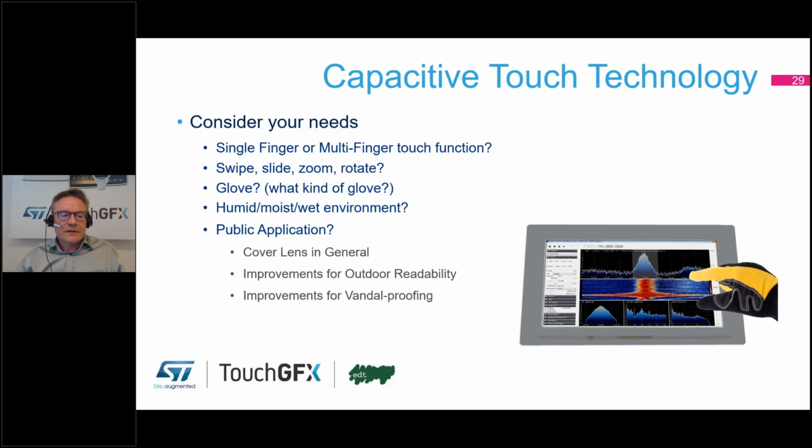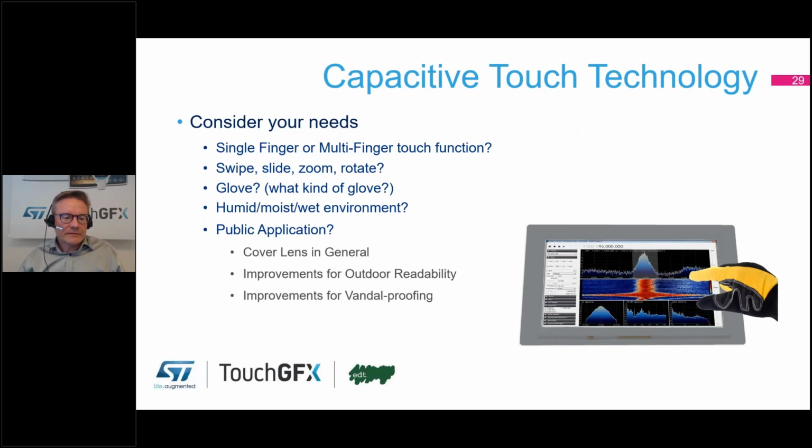Something you need to consider is what do you need to have? Do you want swipe or sliding features, or do you want zoom or rotating? If you're talking zoom and rotating, you will typically be looking for a dual finger or multi-finger system. If it is swiping or sliding, then it can be solved with a single finger touch sensor.